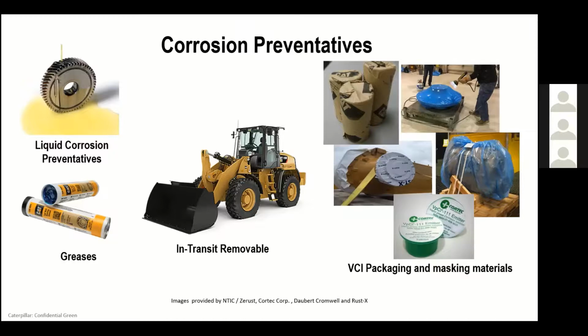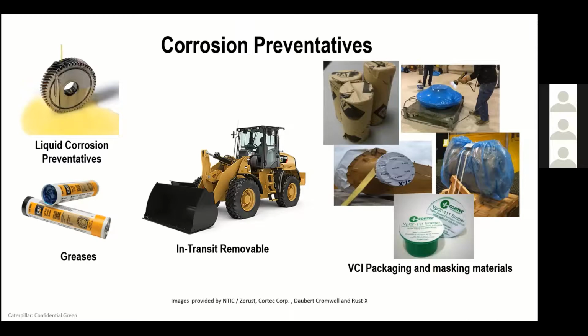But again, it could be greases, and the image there, what we're trying to show is that we'll manufacture a vehicle, and because it may be in storage or we're shipping it overseas, we'll have to put on some sort of what we call in-transit removable type of rust preventatives. And so we'll put some films on there so that you can wash them off. It could be an oil, it could be water-based, it could be a number of different things, but it helps protect and slow down the oxidation until it gets to the point of use.